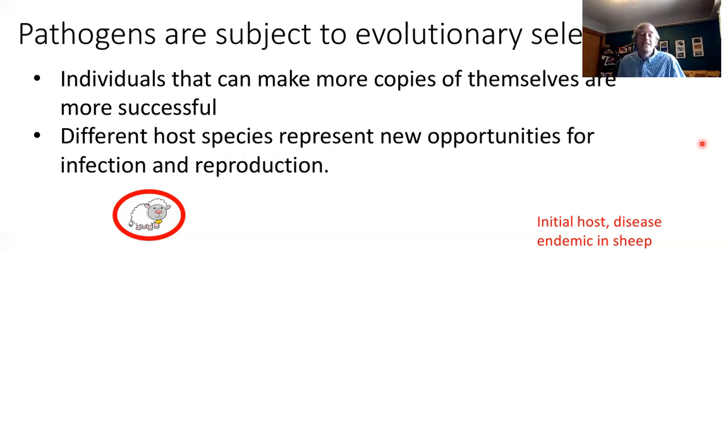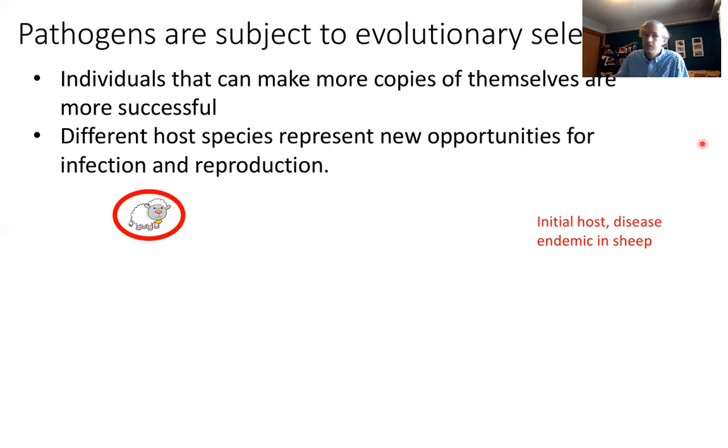The island itself is naive to you being there, so the seeds are probably easy to eat, or the insects are easy to eat. As a result, these new islands represent new opportunities for you to grow and reproduce. And with pathogens, we can almost think of different potential host species as being different islands. Every new species represents new opportunities for infection and reproduction and increases the size of your potential range.